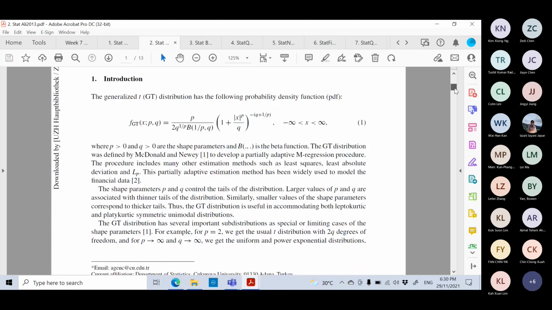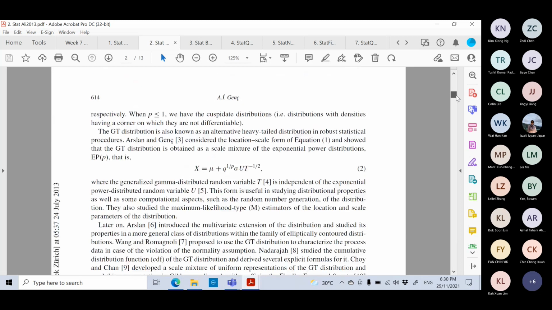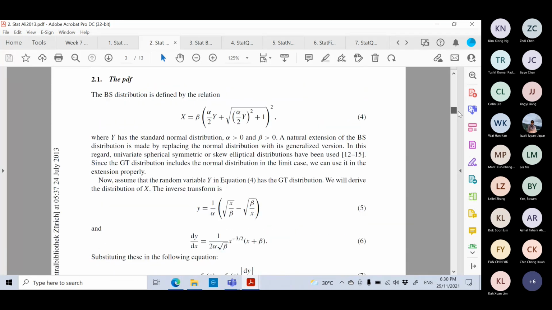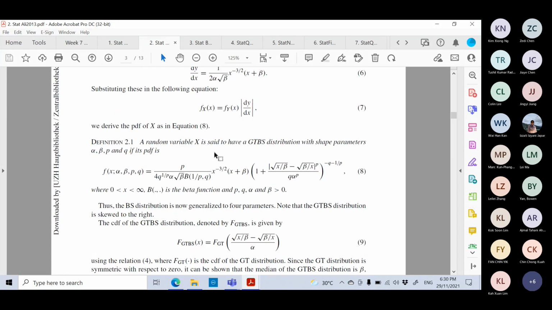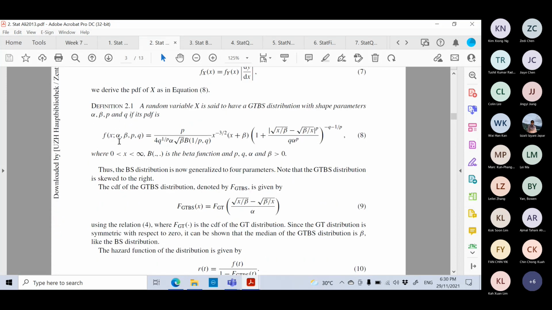Okay, so let us go through the application side. Of course, here is an introduction of the distribution, and then they mention the properties of this particular distribution. They show you how to do the transformation from this distribution. Besides the PDF, they also show you the CDF, so of course you can plot the probability plot to check how good your theoretical distribution is compared to the empirical distribution.